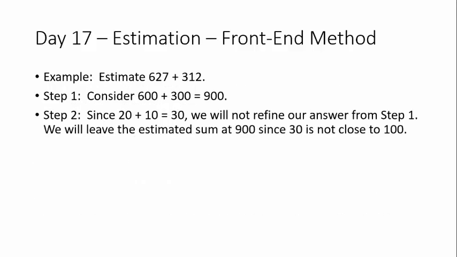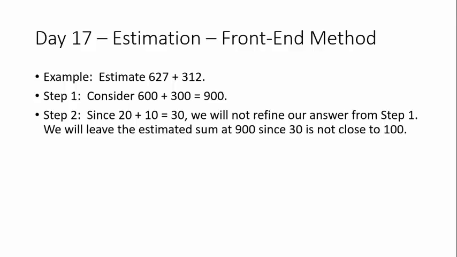Let's do another example to make sure that we understand what we're doing here. We want to estimate the sum 627 plus 312 using only the leftmost digits. 627 is converted to 600. 312 is converted to 300. 600 plus 300 is 900. Then looking at the next digits.